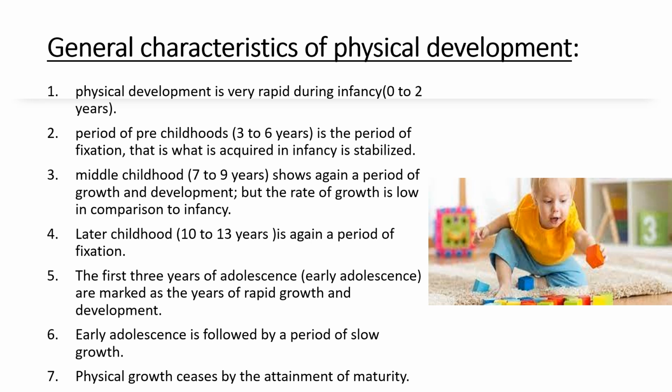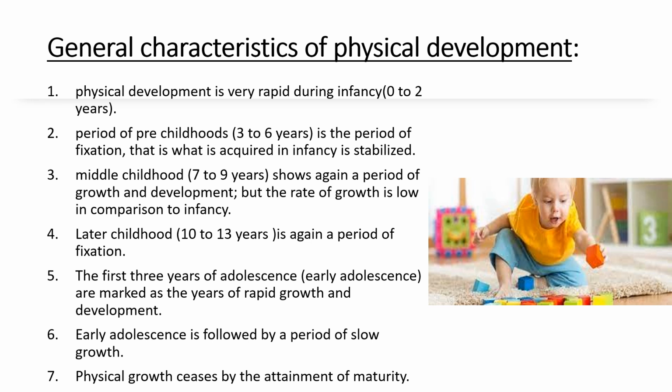So what they have trained, what they got from the interaction with their parents and the training at home, even in toilet training, food, and the way they have to behave, is all getting stabilized. Reaching middle childhood, from 7 to 9 years, again it is a period of growth and development, but the rate of growth is slower in comparison to infancy.